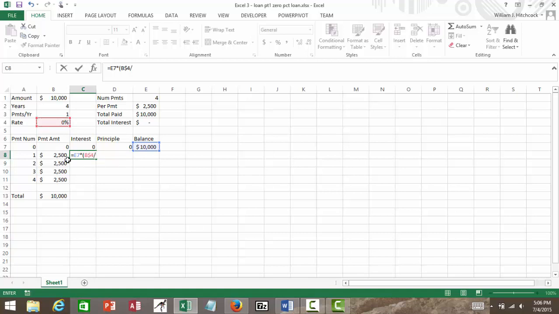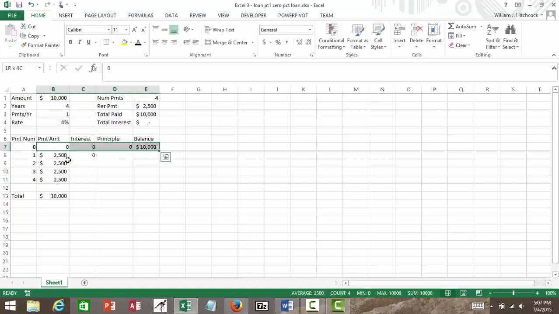I'm going to divide that by the payments per year. That way if it's a monthly interest rate, it's always going to divide by 12. If it's a quarterly interest rate, it'll divide by 4. If it's, in this case, an annual interest rate, we divide by 1. Type in a parenthesis, and we get 0.